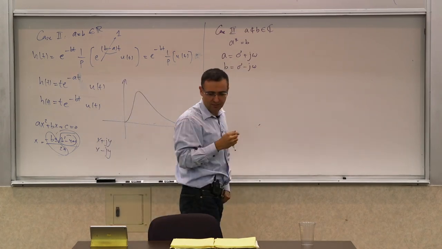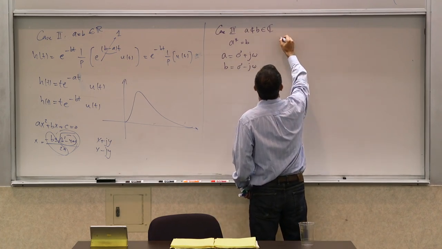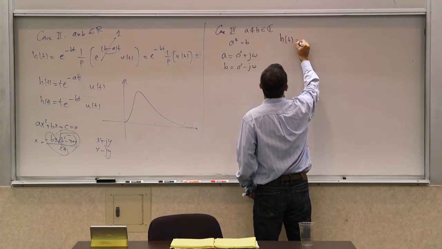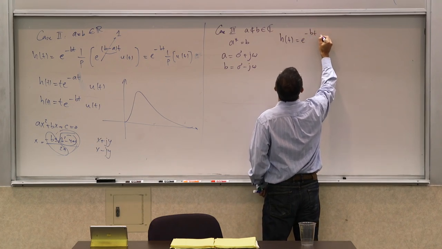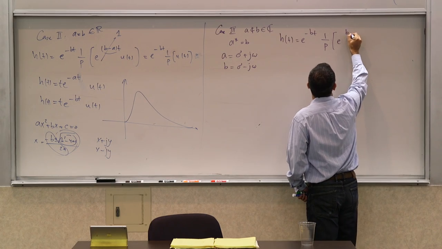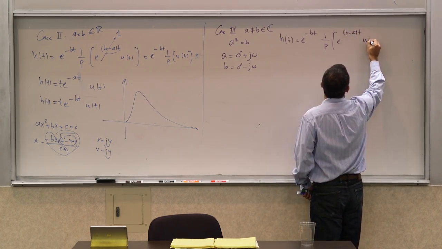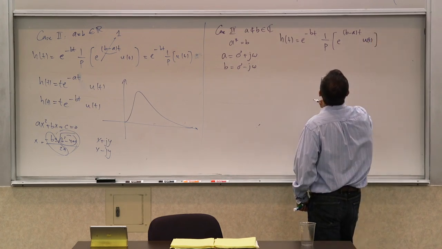So now if I plug them into that equation that I had again, the general solution, h of t, was e to the negative bt, 1 over p, e to the (b minus a)t, u of t, right?